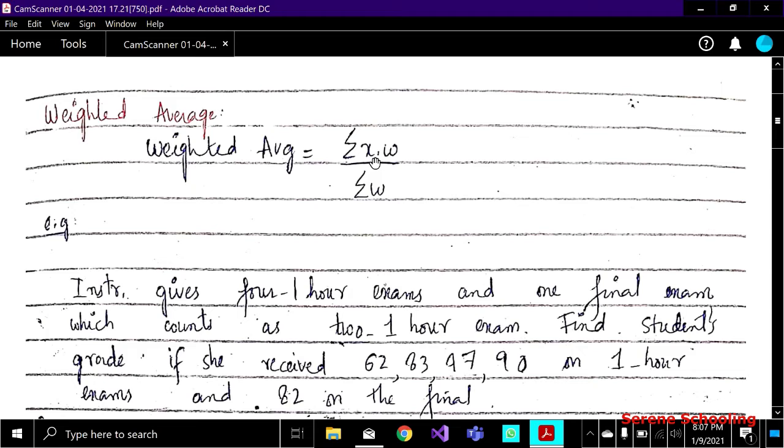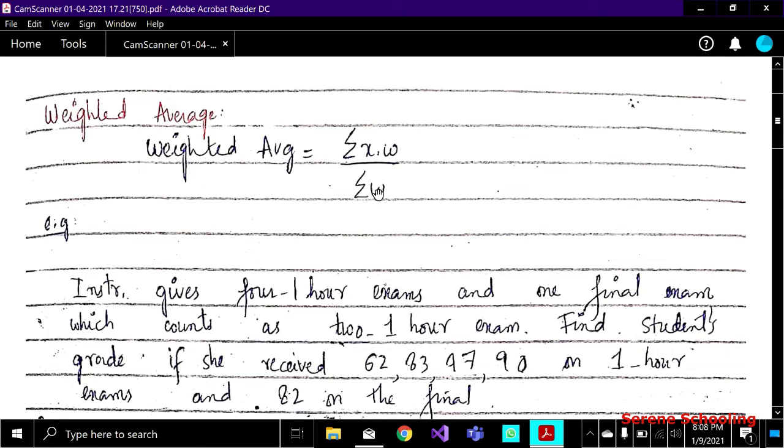Let's see its formula, that is sum of x into w over sigma w. Sigma w is the sum of all the weights given in our data. First we take the data value and multiply it by its weight, then we take the sum of all those products, and then we divide by the sum of the weights, not the total number of values.